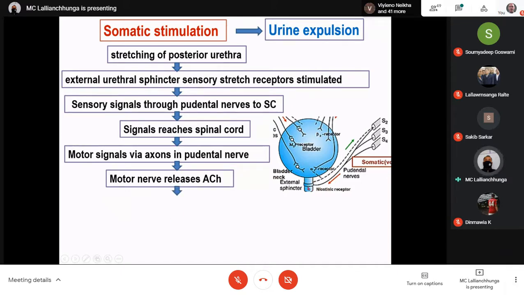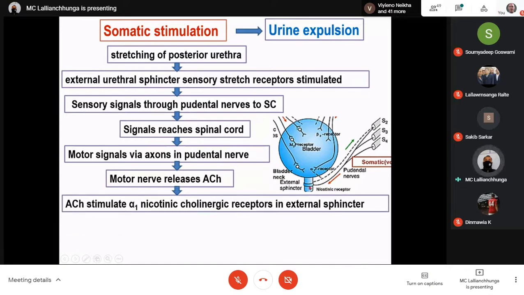Okay, the neurotransmitter acetylcholine will stimulate alpha nicotinic cholinergic receptors in the external sphincter. Here, that is not written. Okay, here the receptor present is alpha-1 nicotinic cholinergic receptors.